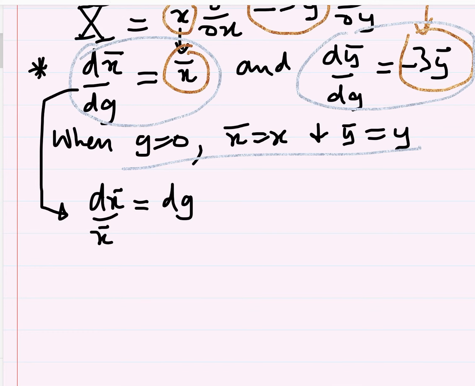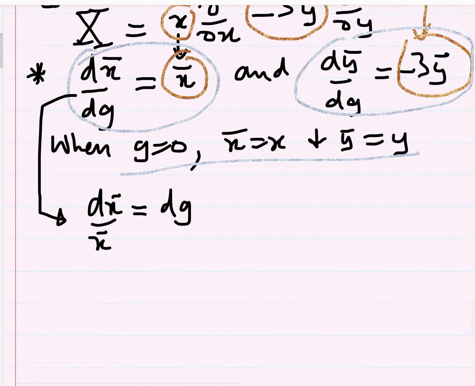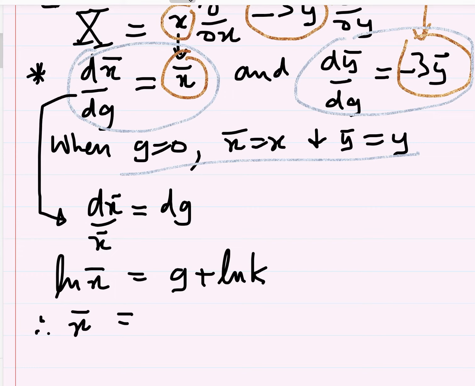You get ln of x bar equals g plus, let's write the integration constant as ln of k. Therefore, x bar equals, by exponentiation, e to the right hand side, so that gives us k times e to the g.